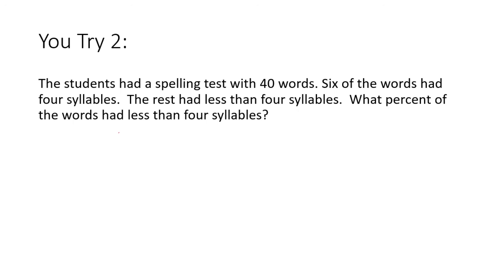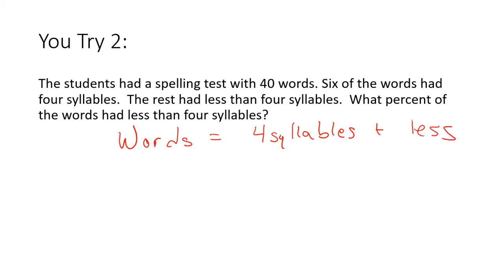So let's see. The total number of words is equal to the ones with 4 syllables plus the ones with less. So we know that there are 40 words. 6 of them had 4 syllables plus the ones with less syllables.